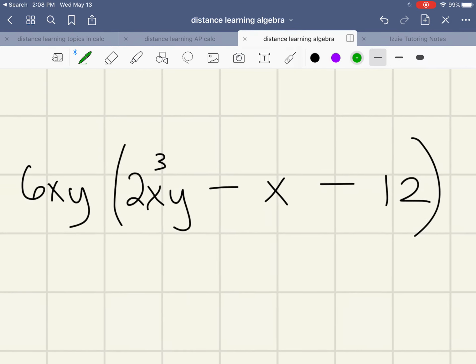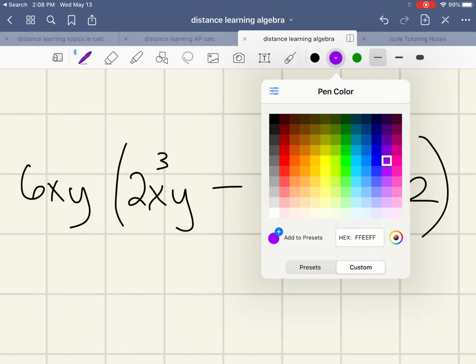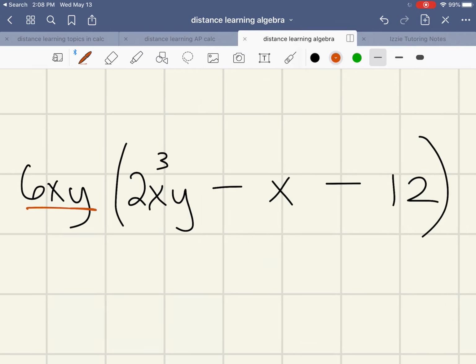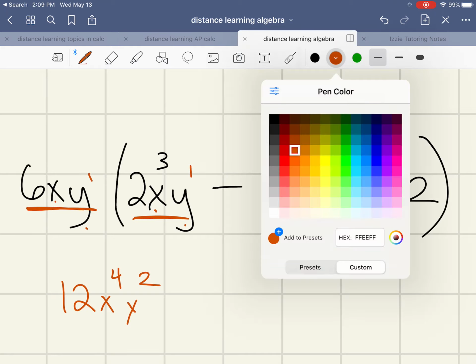Moving to the second part before we look at common like terms rather. Let's go with orange. We have 6xy times 2x squared y gives us 12. 6 times the 2. X times x to the third is x to the fourth. Y times y, again, y to the first times y to the first is y squared.